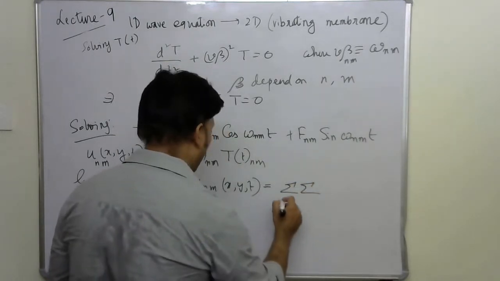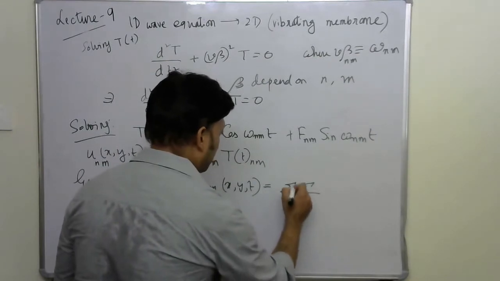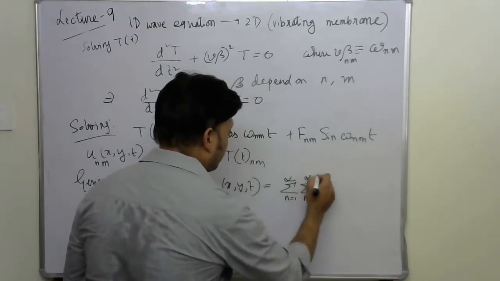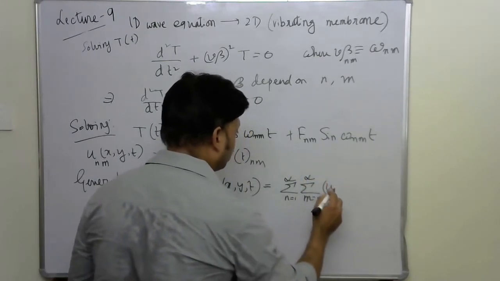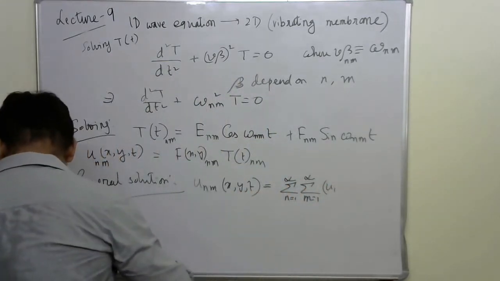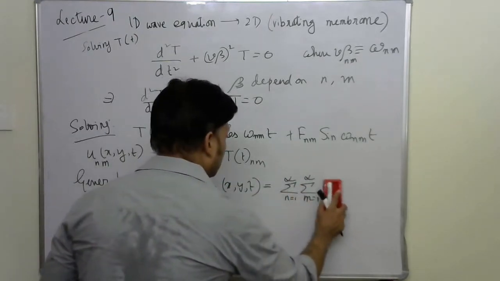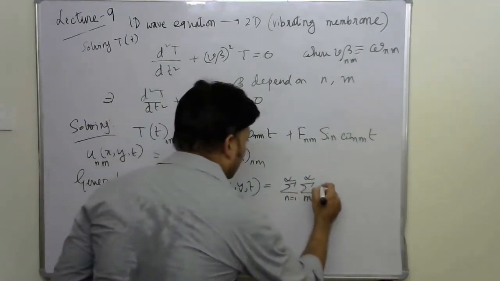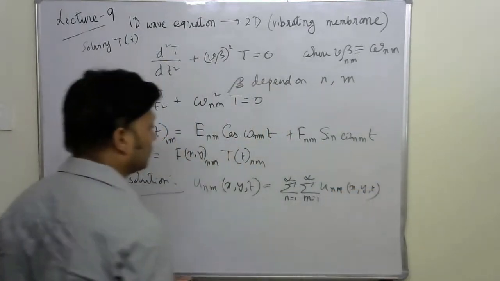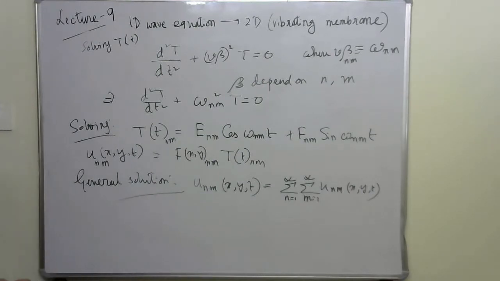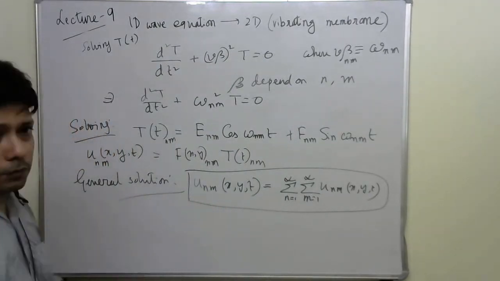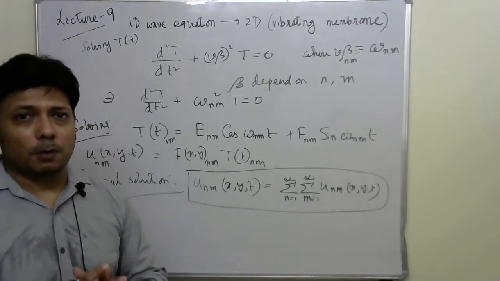That means n is equal to 1 to infinity, summation of m is equal to 1 to infinity, of u nm x y t. All right, so this becomes our general solution for a two-dimensional membrane.